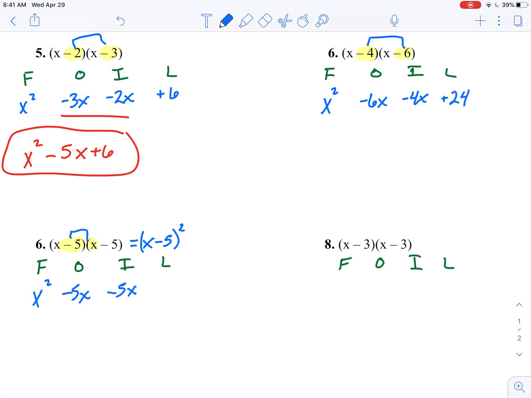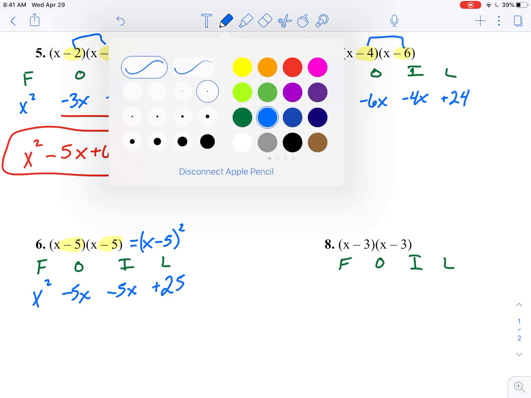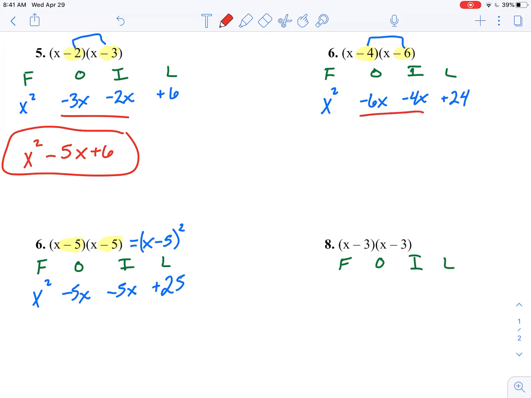So let's do our FOIL. First product is x squared. The outers, again, keep that negative: x times negative 5 is negative 5x. The inners: negative 5 times x, negative 5x.